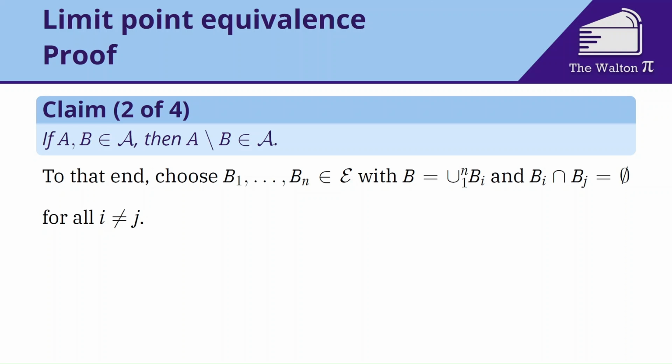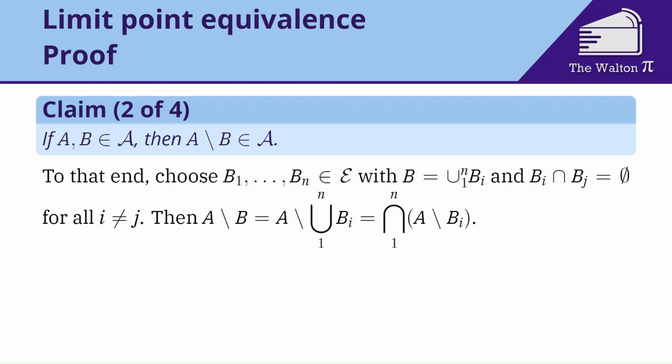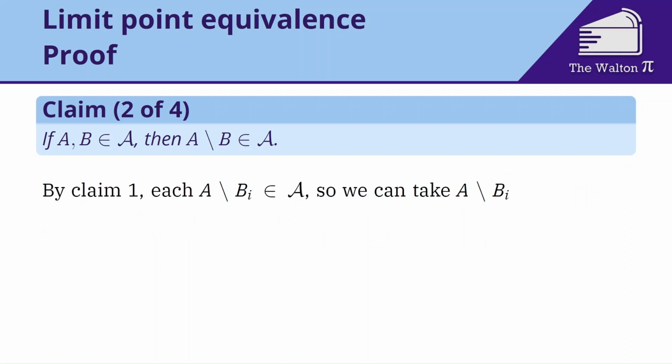Because B is in our algebra, we can find B1 through Bn, where each of those are pairwise disjoint with each other, and we can write B as the finite disjoint union of those BIs. Then A minus B is A minus the union of those BIs, which is the intersection of the A minus BIs. By claim 1, each of the A minus BIs is in our algebra, so we are able to write A minus BI as a union of elements from our elementary family, which we're going to call Wij's.